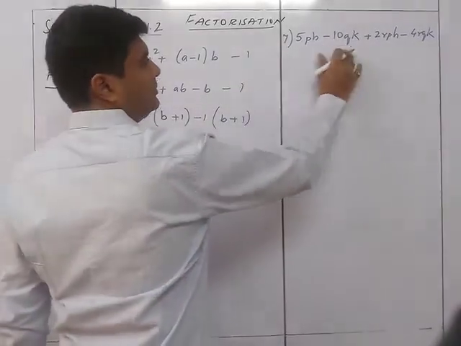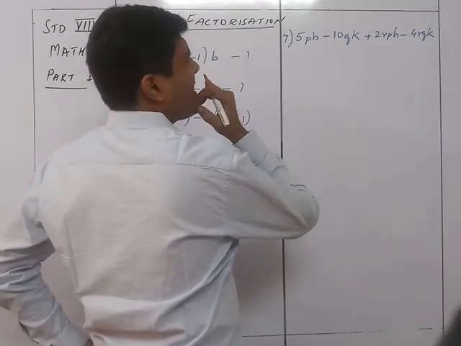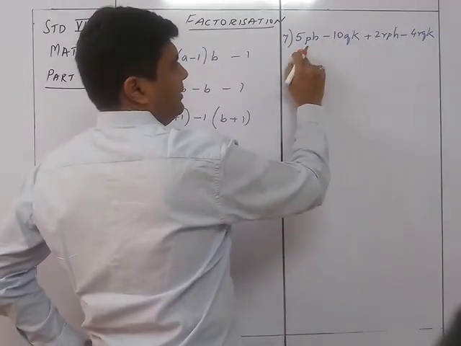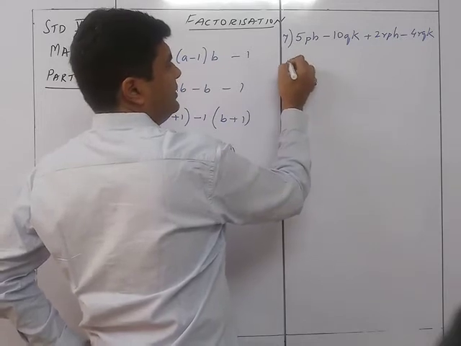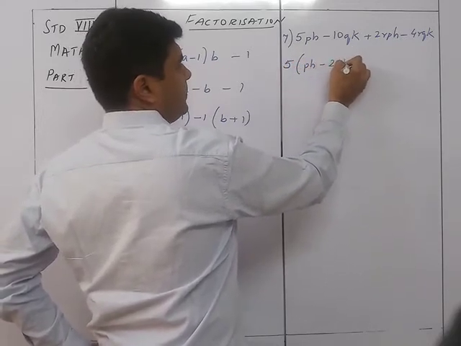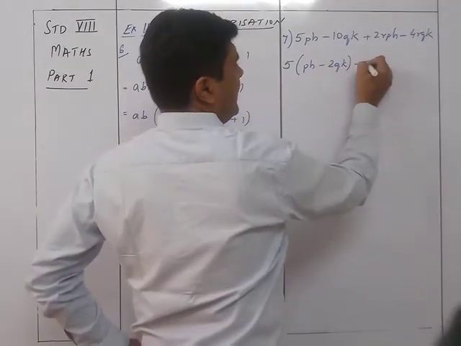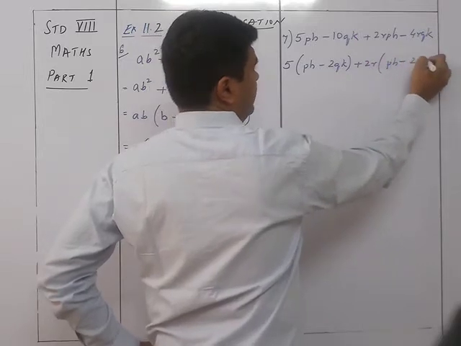Same way between these two, or else let's do one thing. Yeah, okay, let's do this. Here in these two, what is common? Only 5 is common, so we'll take 5 common. What is remaining is pH minus 2QK. Over here 2R is common, so it is 2R which is common. What is remaining is pH minus 2QK.